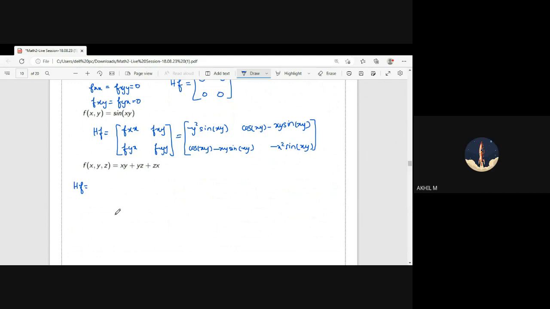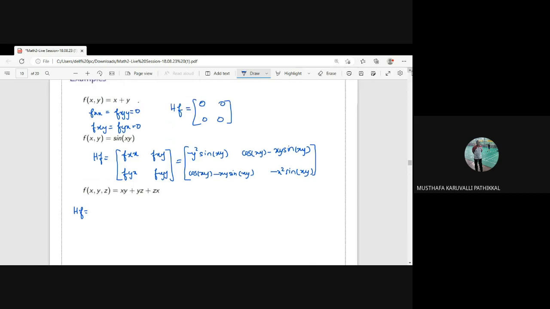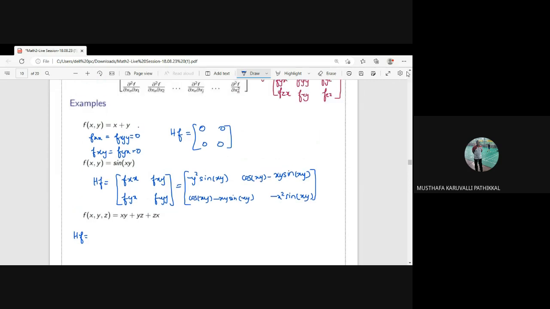Just one doubt about this Hessian matrix. If you normally look at a matrix, the values relating to a particular variable come in the column. So in the structure which is given, the column shows fxx, then fyx, and then the lower part is fzx.